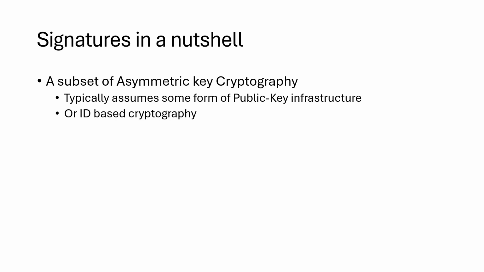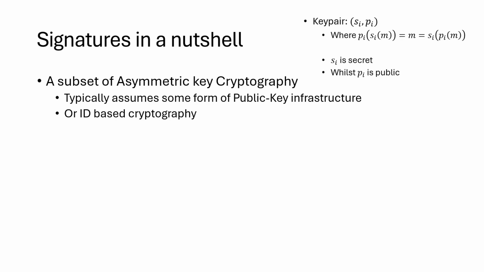Or sometimes they have something called ID-based cryptography, where you can put your own username or email address into this public function and it spits out a public key. If you have no idea what a public key is, you can assume it as a simple key pair. Here I have S subscript i and P subscript i. The only thing you need to know is that it's commutative, in the sense that applying P_i then S_i to M is equivalent to applying S_i then P_i to M.